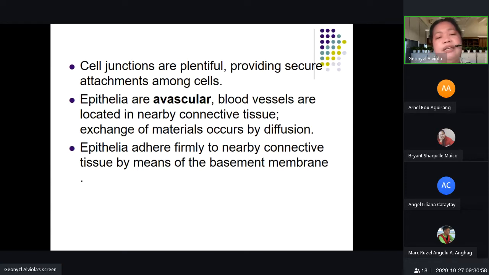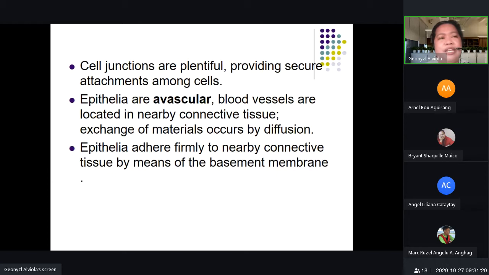So, epithelial tissue adheres firmly to a nearby connective tissue by means of the basement membrane. The basement membrane is very important because it delivers nutrients from the nearby connective tissue to the epithelial cells.